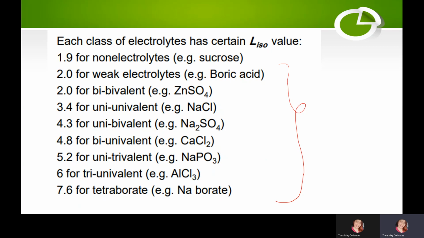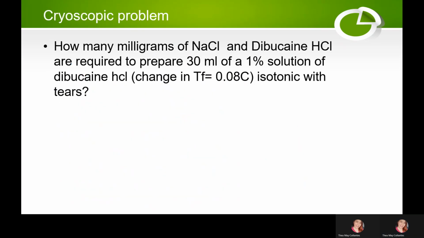So, memorize the values as much as possible. So next, let's proceed now. So we have now the class 1 method, your cryoscopic, and your NaCl equivalent method. So, with this one, we're going to apply it para hapos na lang sa aton.